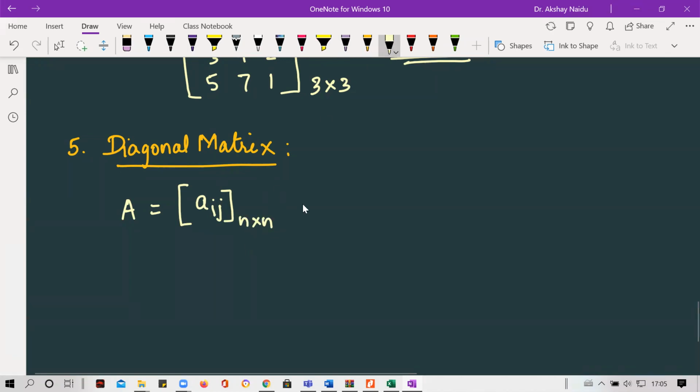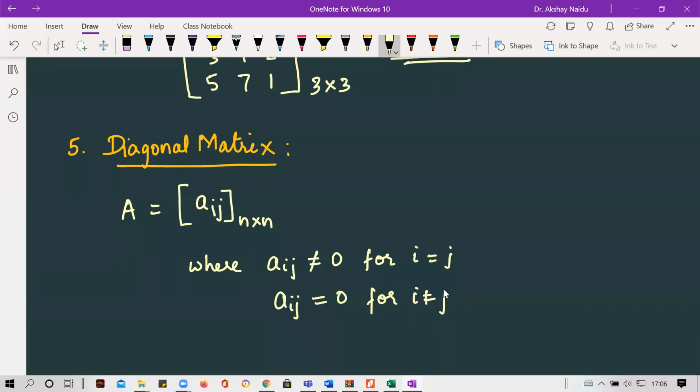It is a square matrix where Aij is not equal to 0 for i equal to j, and it is equal to 0 for i not equal to j.